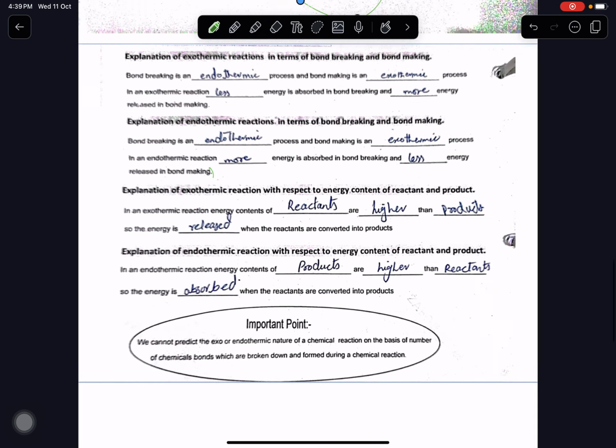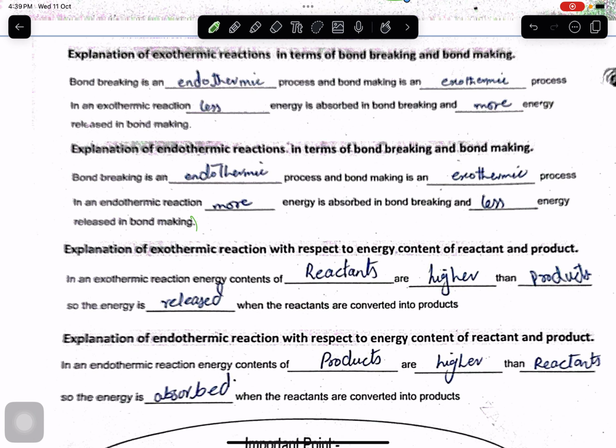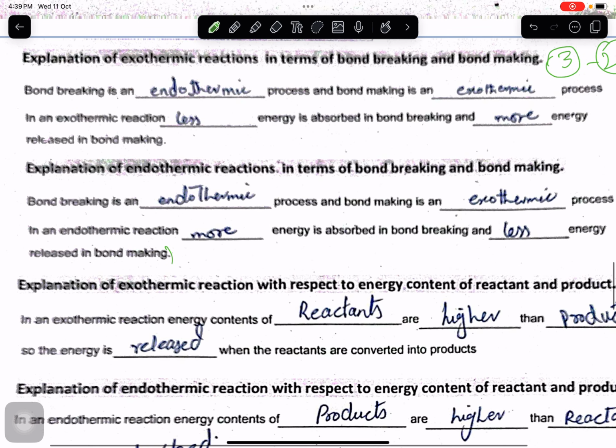Now, this is basically a past paper question which the examiner asked the students: explanation of an exothermic reaction in terms of bond breaking and bond making. This is most probably for 2 to 3 marks. You have to copy what I have written over here, because this will give you full 2 or 3 marks.